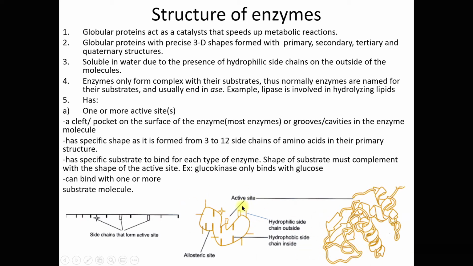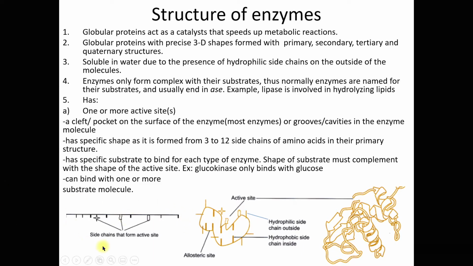Usually this active site can be found on the surface of most enzymes like this. Now this active site has a specific shape as it is formed from 3 to 12 side chains of amino acids in their primary structure.